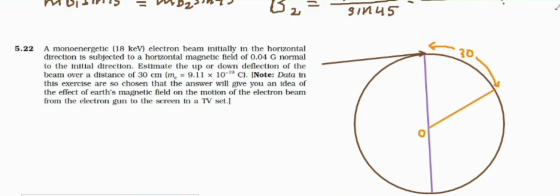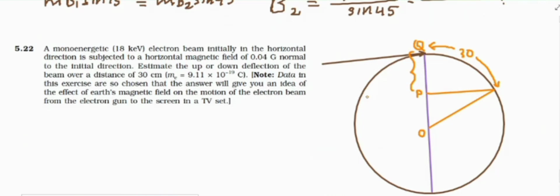Now, by that time, how much deflection downward? Take this point P and this point Q. So what you have to find out is the deflection downward. That is, the distance QP has to be calculated.